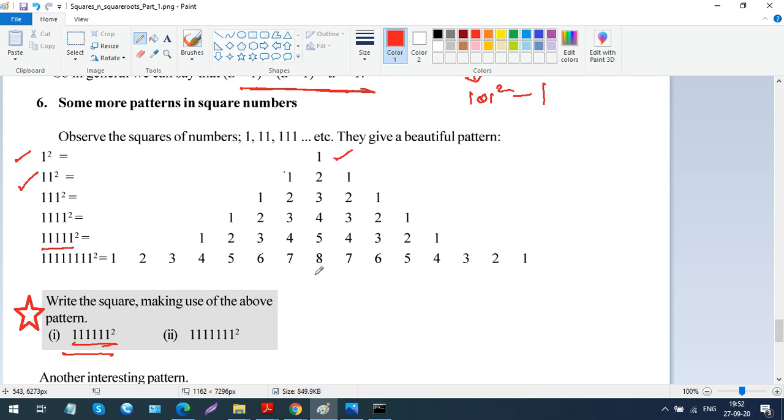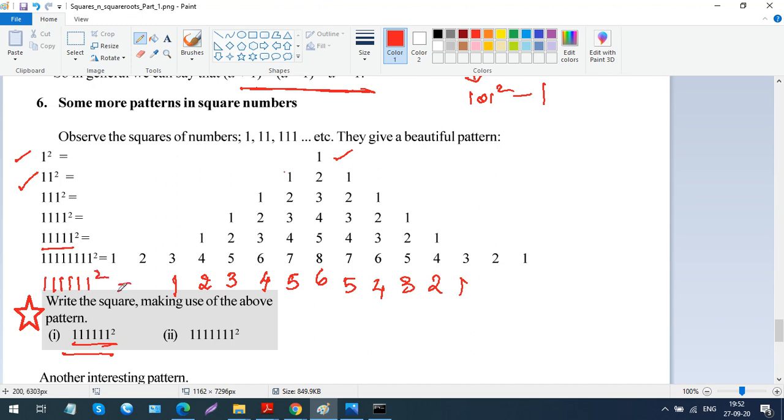There are 6 numbers, so you write 6 in the middle. Then go 5 4 3 2 1, and that side again 5 4 3 2 1. So that will be the square of 6 ones.